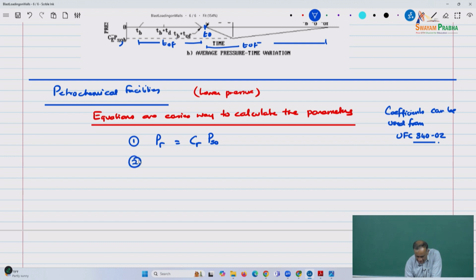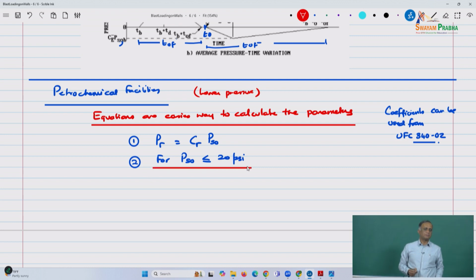Then the second equation is for, and that's what you see here, PSO less than or equal to 20 psi. If it goes beyond that, then you're not quite on your own, but you're using value judgment there.